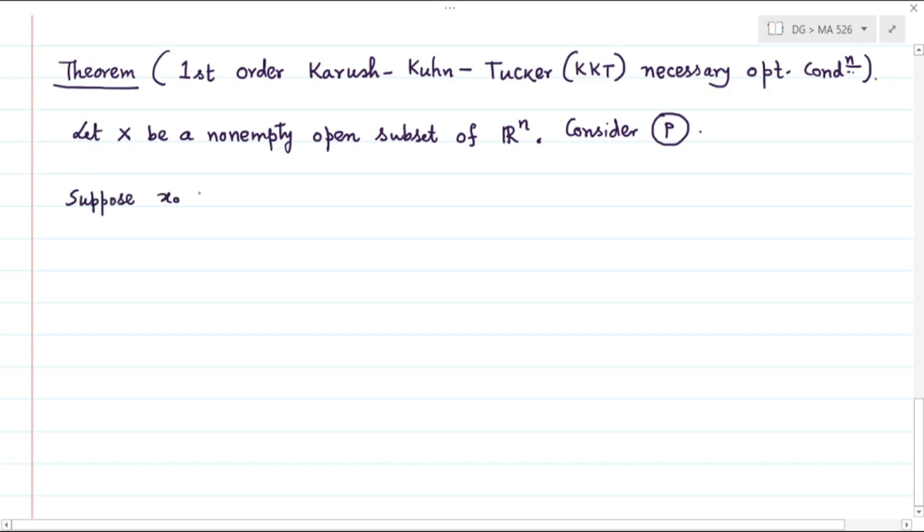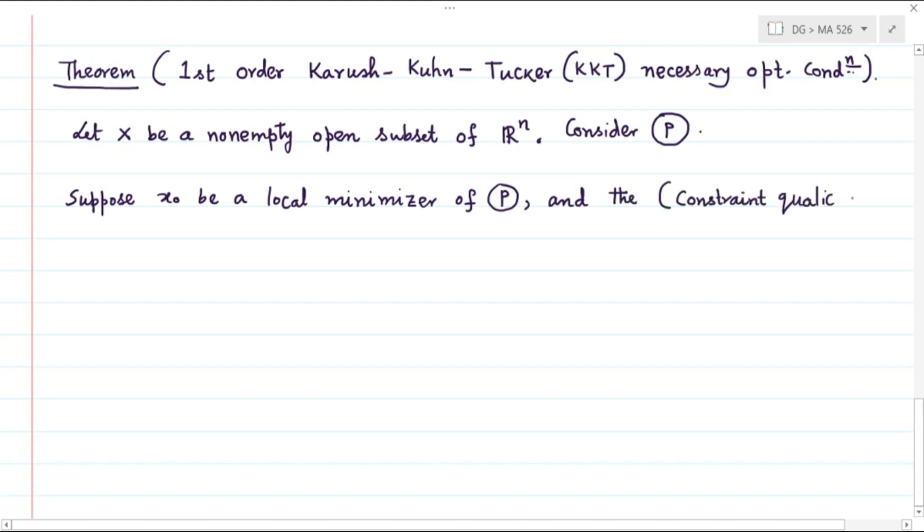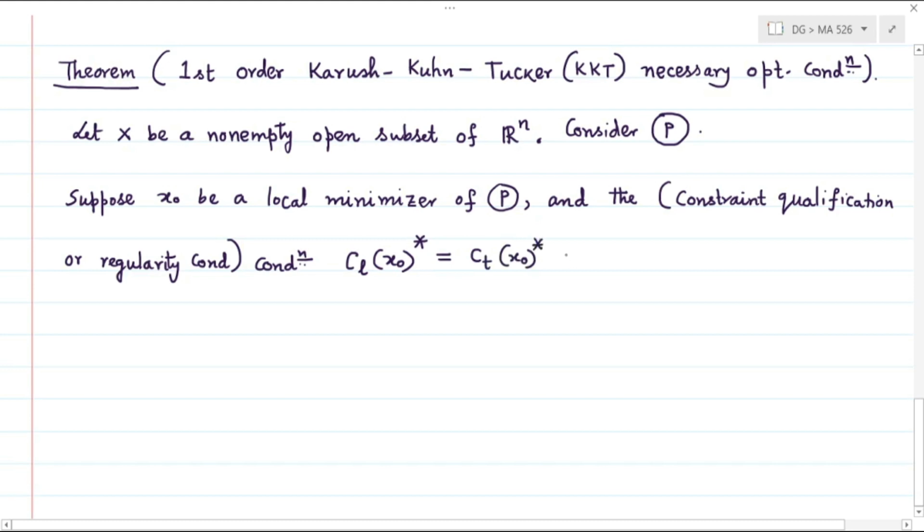suppose x naught is a local minimizer of the problem, and the condition that we refer to as constraint qualification or a regularity condition, and the condition that the linearizing cone, its dual, and the dual of the tangent cone at x naught, they are identical.